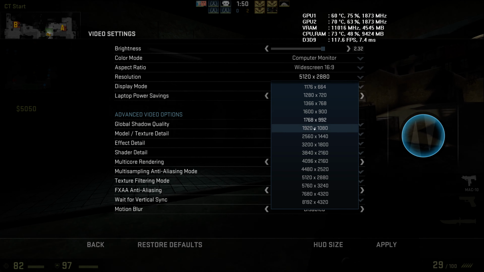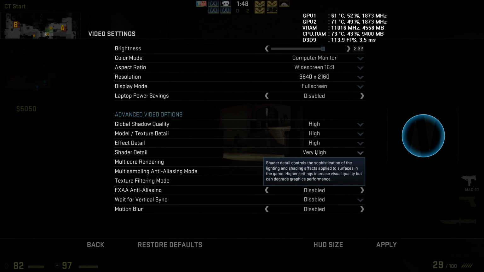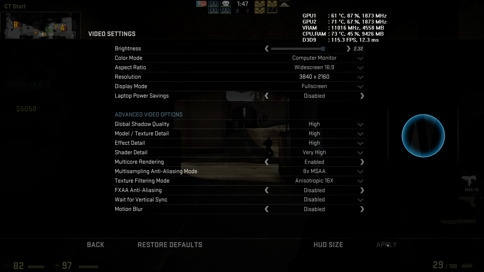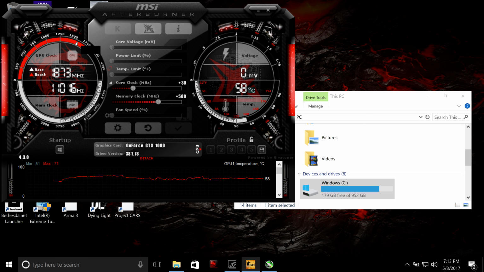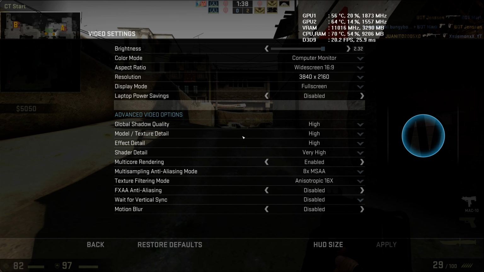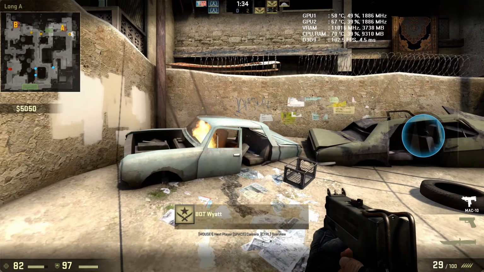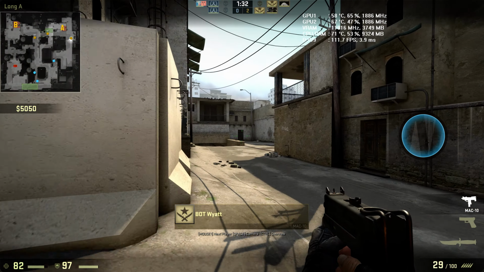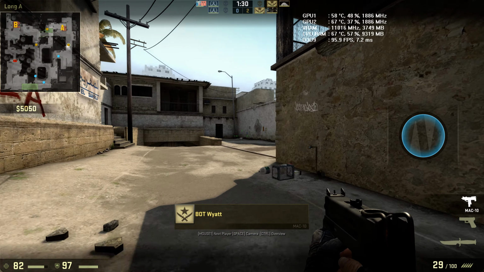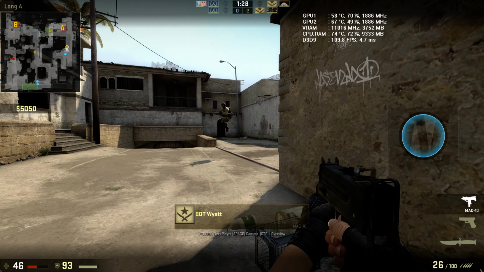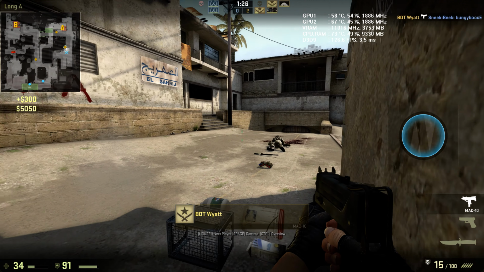So 4K, again, we're running all the sweet chocolate candies right now in a basket, as you can see, 8 times MSAA and stuff like that. Maxed out. 4K guys, maxed out. 3840 by 2160 with 8 times MSAA. Scalability is even below 50% now. Check it out. Constantly.